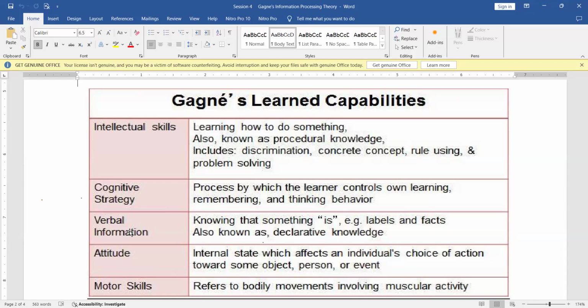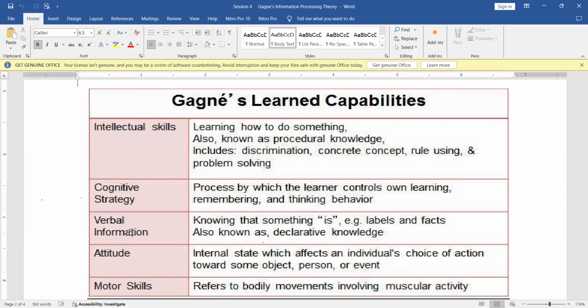They select simple present tense to talk about daily activities. They have to talk about yesterday, they use simple past tense to talk about yesterday. That is their intellectual skill, right? Using rules to solve problems.